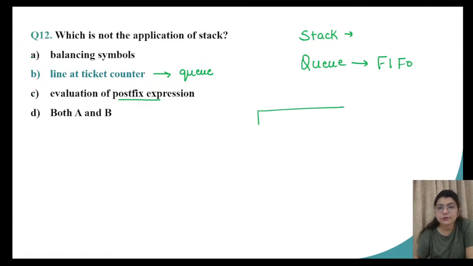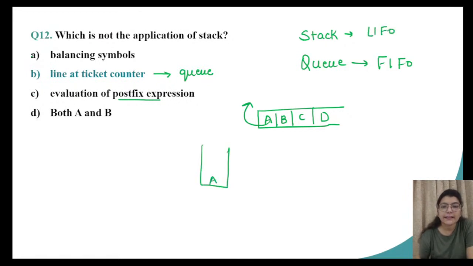Because if you see, Q is like this. If I have inserted A and B and C and D, A will be the first one to move out. And stack is LIFO, that is last in, first out. So if I have inserted A, B, C, D, D was the one inserted at the end, and this will be the first one to move out. So stack is LIFO and Q is FIFO.